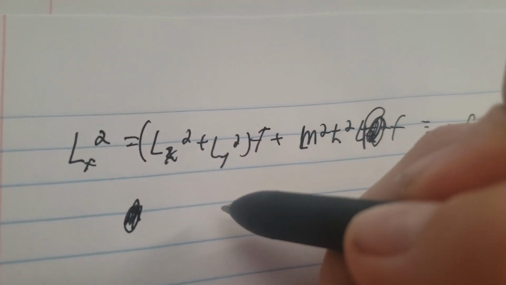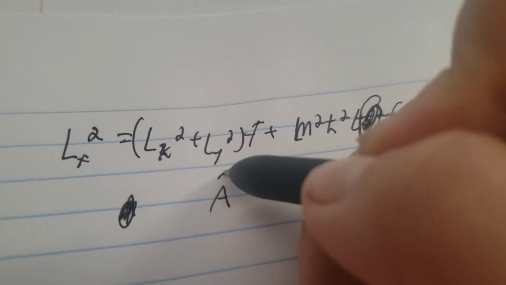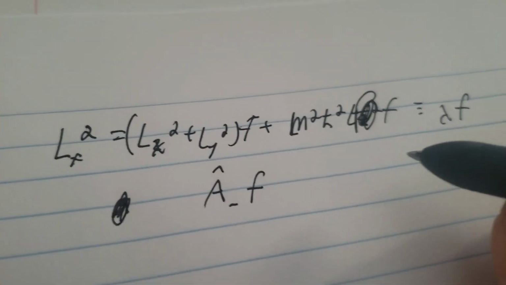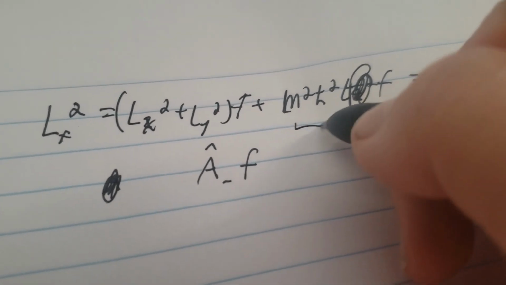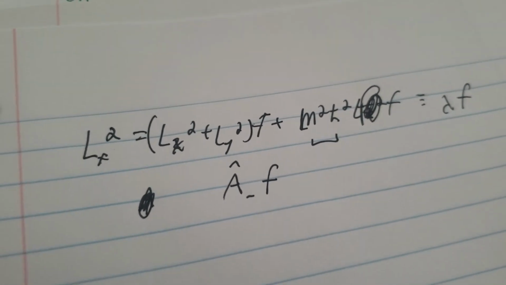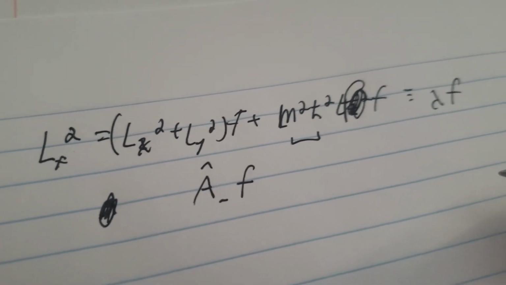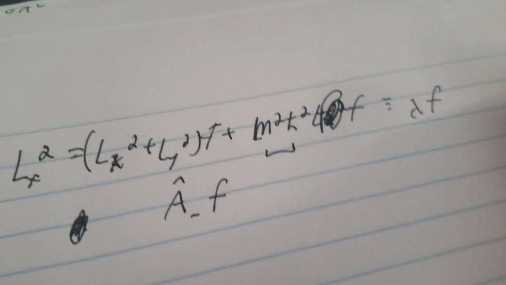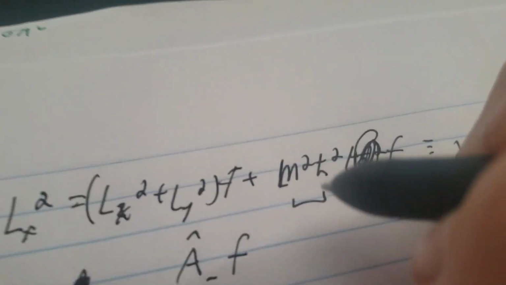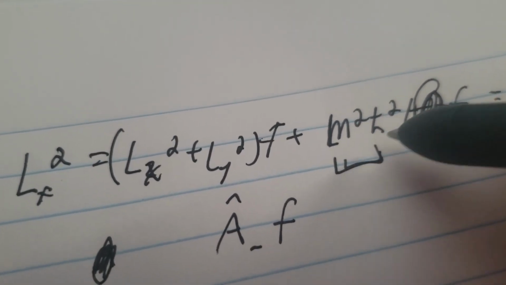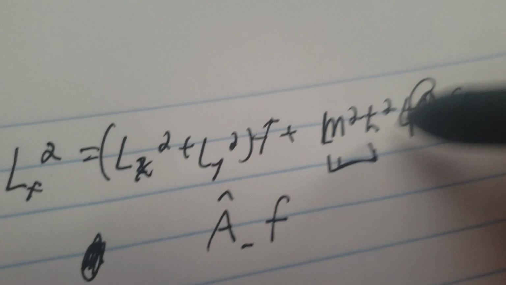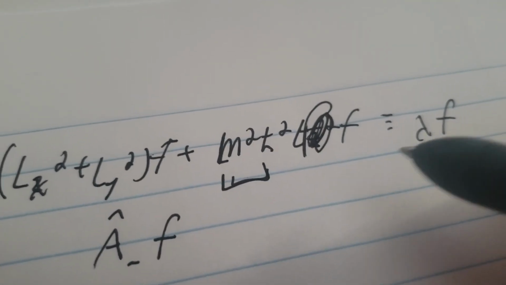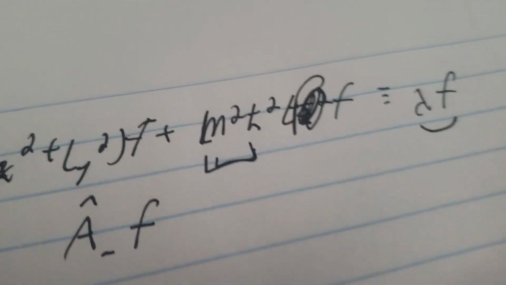Theoretically, you could keep lowering f as well until the absolute value of your Lz would be rather large still, because you keep subtracting off h bar so many times. But because this is squared, the negative sign will vanish and this will still be a positive number, and it still has the potential to be more than our lambda.